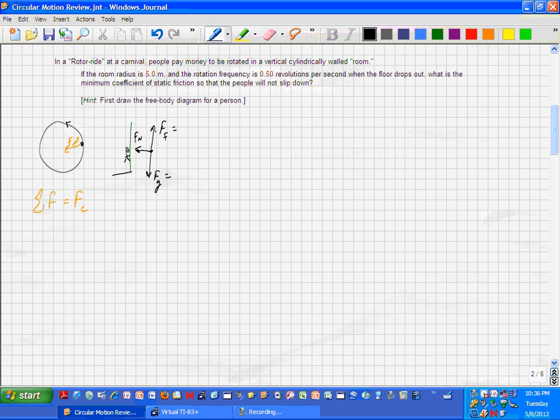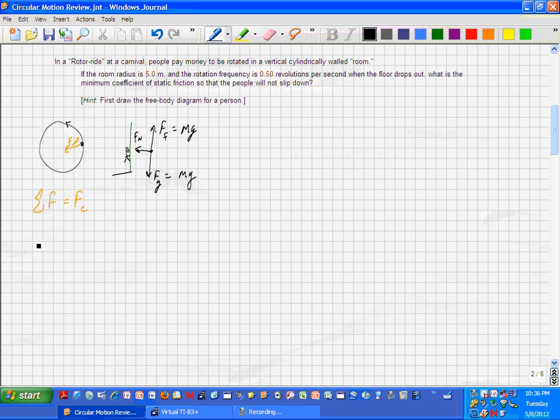Oh, we aren't given a mass. You know, we can just make up a mass. Let's go ahead and say this is a 50 kilogram person. You know, let's do this. mg, and then this is going to be mg because they're the same. So what we're going to find out is the mass drops out.